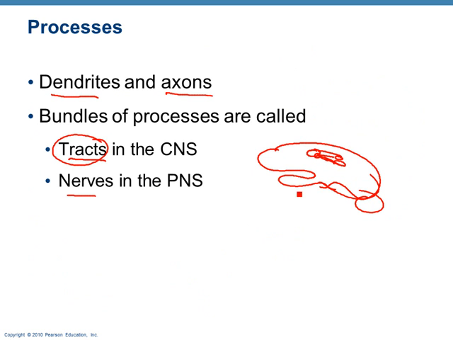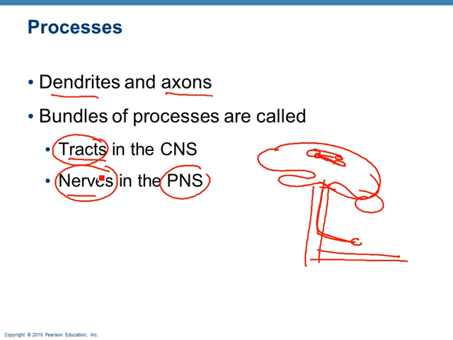Okay? In your spinal cord, there may be tracts of information that maybe all come from the left arm, for example. All that information goes together. That's a tract. In the peripheral nervous system, as things go out or come in, they're called nerves. So you don't have nerves in your central nervous system. You have tracts. You have nerves in your peripheral nervous system. They look kind of the same, but just kind of a different terminology.